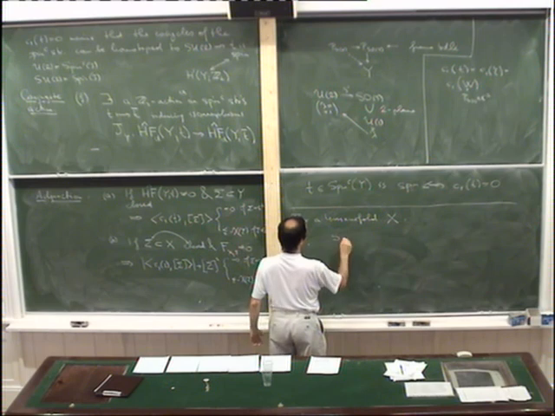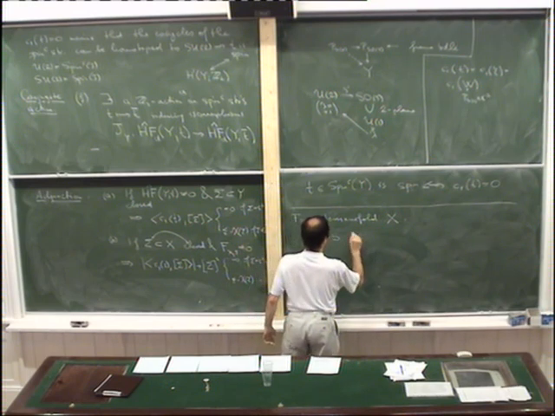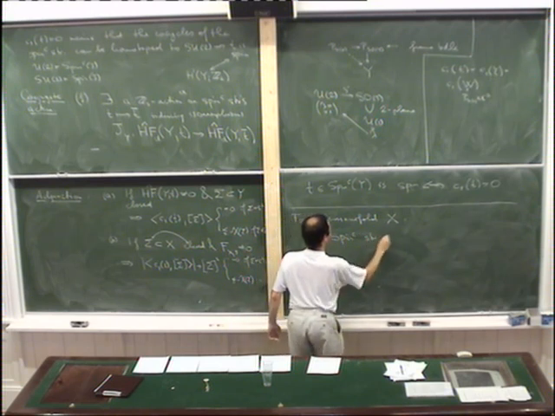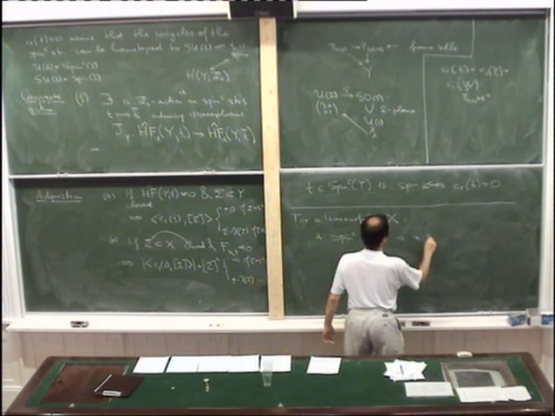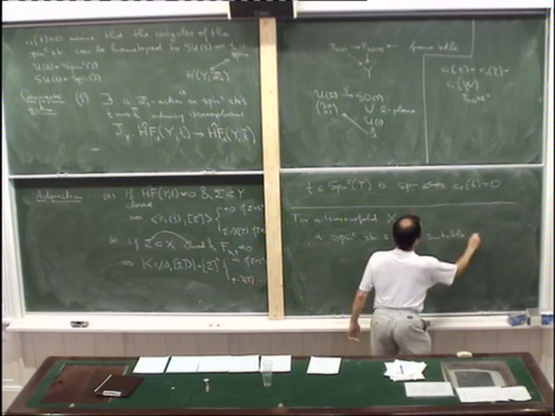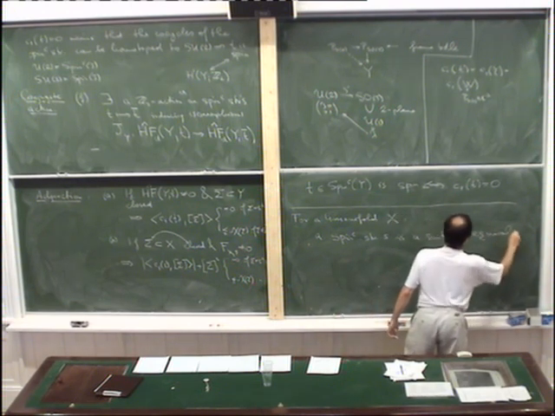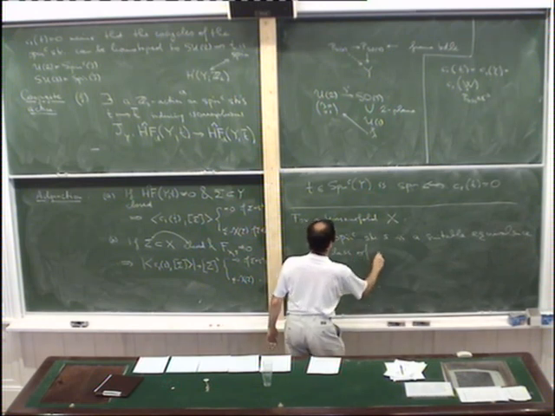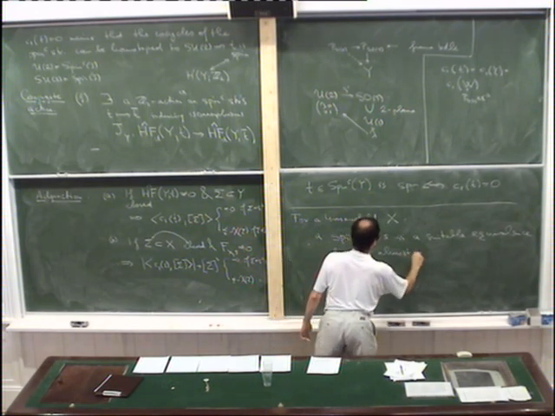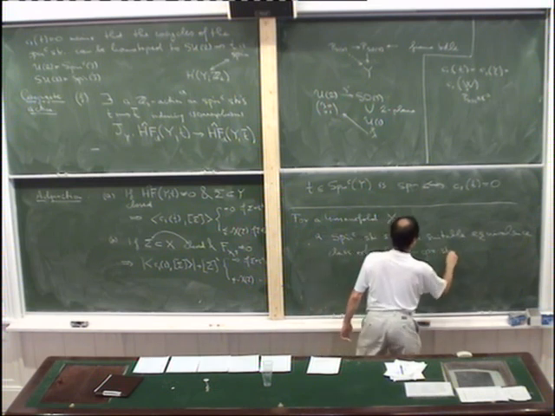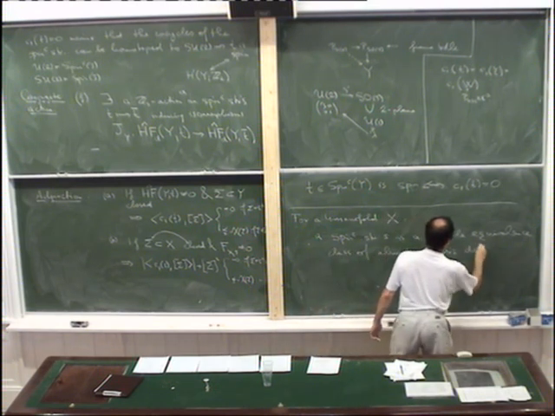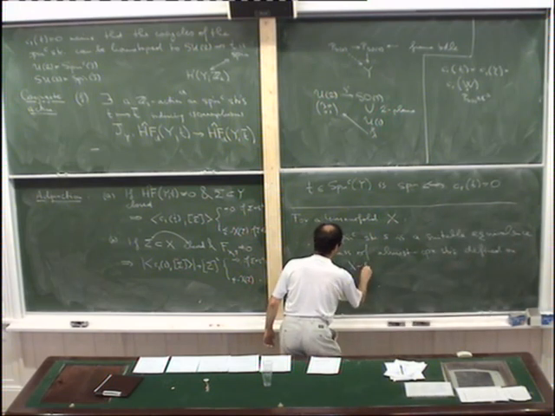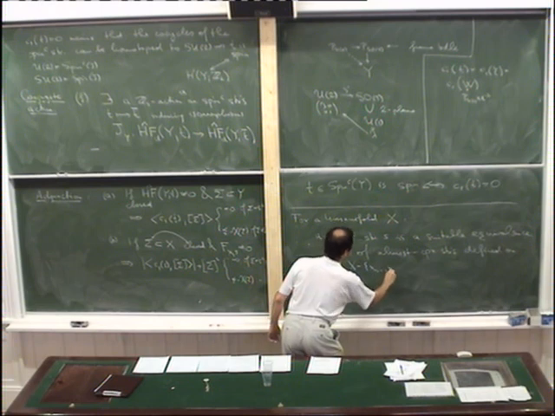A spin C structure S is a suitable equivalence class of almost complex structures defined on X minus finitely many points x1 through xn.